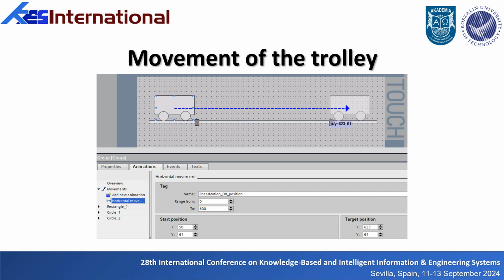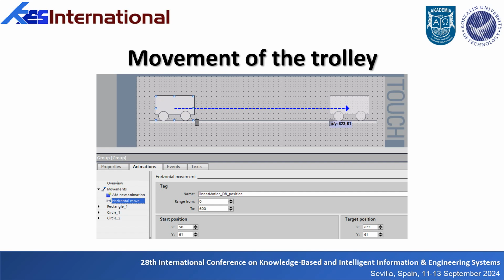By shifting the position of sensors X1 and X2 to 50 and 550, relative to the initial and final position of the cart on the simulation screen, 0 and 600, it can achieve the effect of overshooting the cart beyond the sensor.